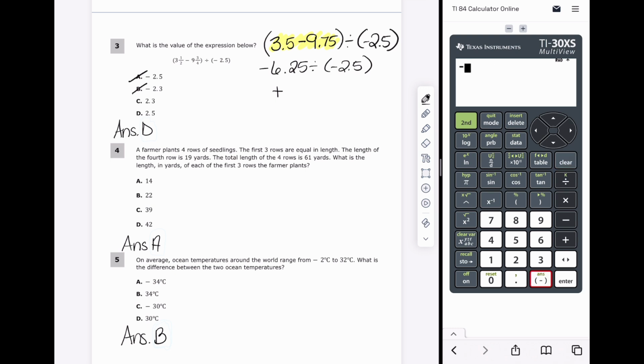The little negative part. And now I have 6 25/100 divided by negative 2 5/10. Okay, there you go, 2.5. So even though I made a mistake by hitting the negative first, I could just hit that little negative sign and it popped right out. But there's my answer. My answer was positive 2 5/10.